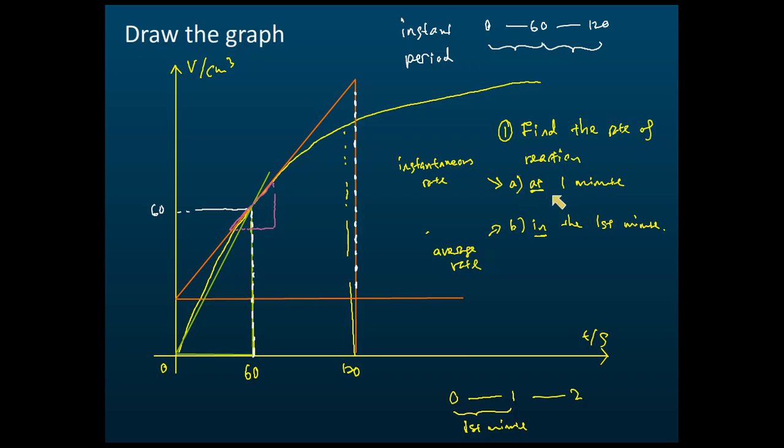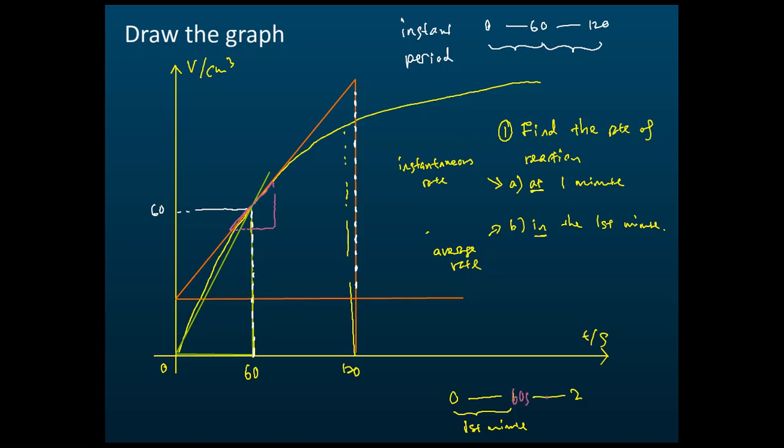But sometimes they would like you to find the rate in a period, like for example in the first minute. Now in the first minute, you see the preposition that they use is "in". This one is at one moment in the period. So in the first minute, now first minute is from 0 to 1 minute. Okay, let me use 60 seconds, just don't want to confuse you.